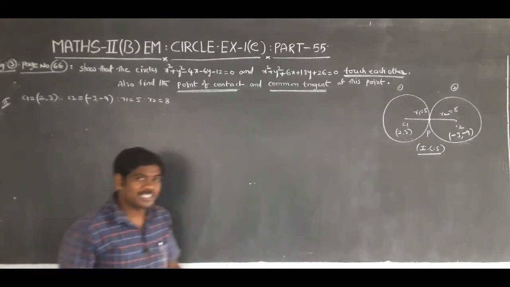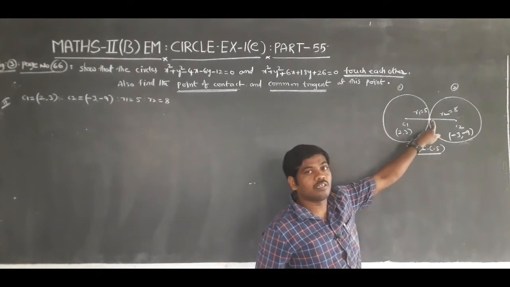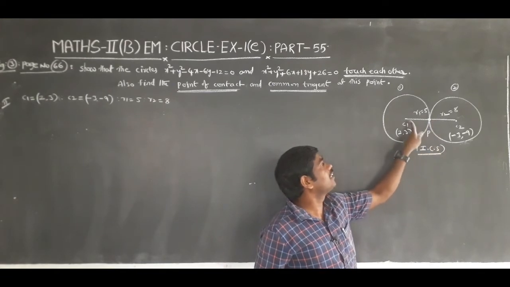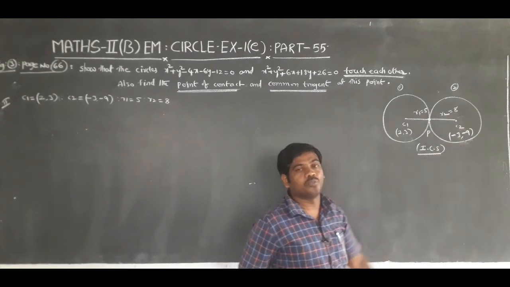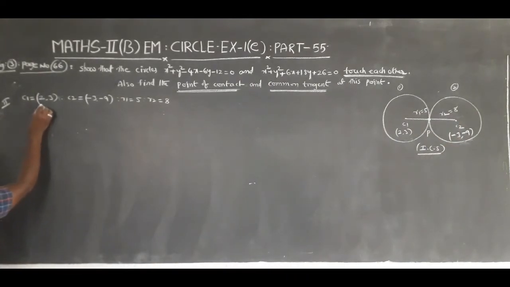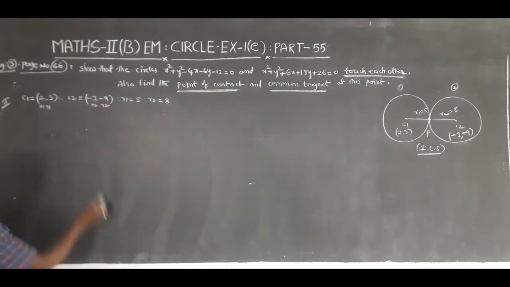If two circles touch each other externally, the point of contact is called the internal center of similitude. So here P divides the line segment C1C2 in the ratio R1 to R2 internally. C1 is (x1, y1), C2 is (x2, y2).